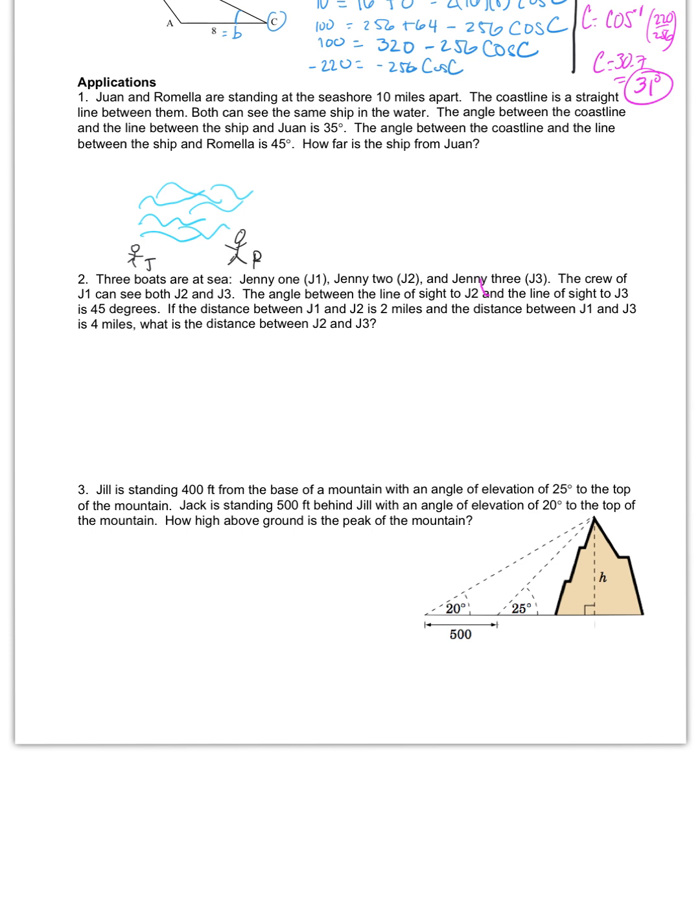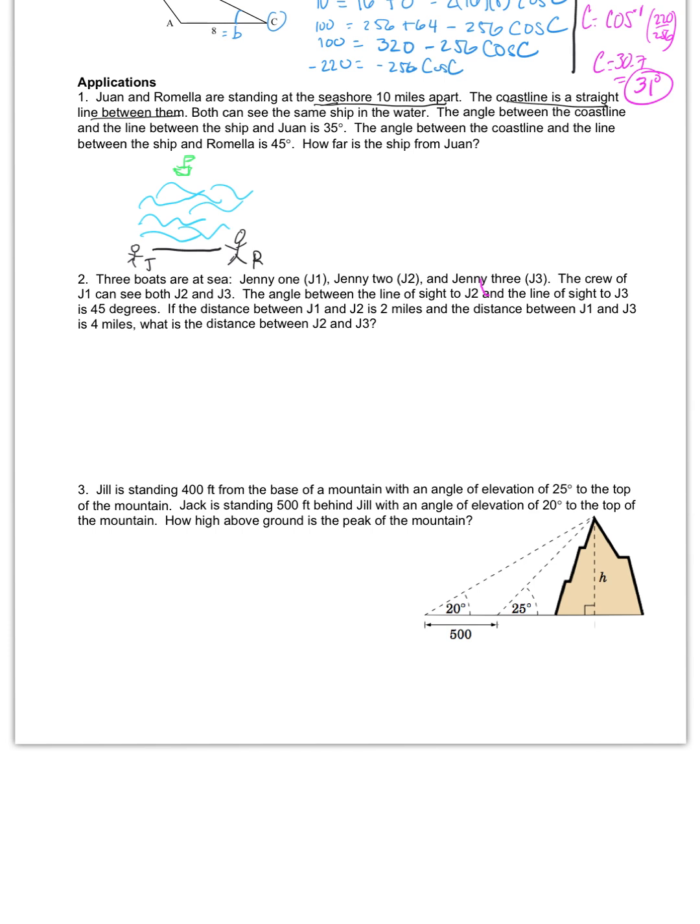According to this, they are standing at the seashore 10 miles apart. The coastline is a straight line between them, so I know I can draw a straight line here. Okay. And then both can see the same ship. So we have a ship that's up here. I'll make this ship green, I guess. Here's a ship, and they can see it.